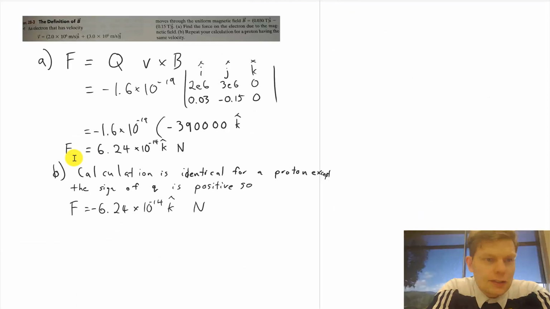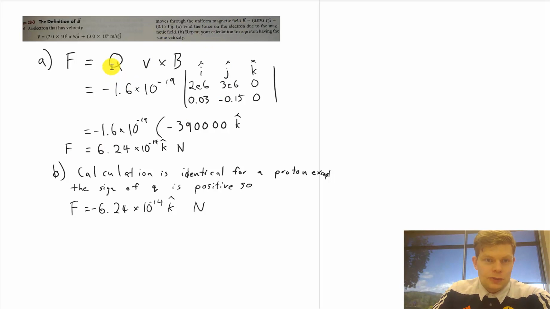Next guy, we got this electron that has velocity 2 times 10 to the 6 i plus 3 times 10 to the 6 j. So really fast. Anyway, it's moving through a uniform magnetic field with this strength in these directions.